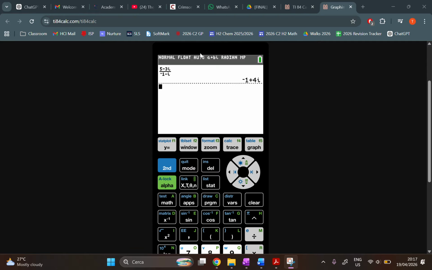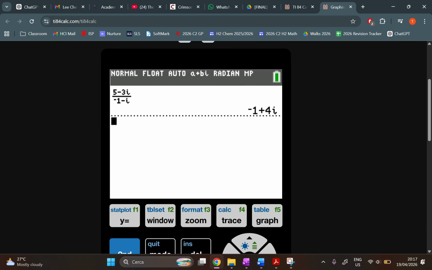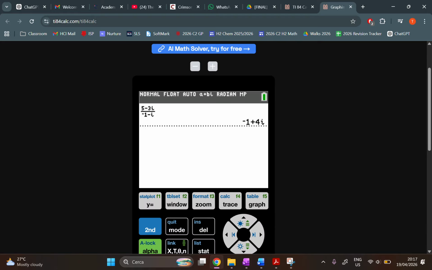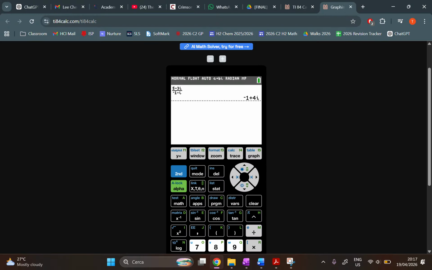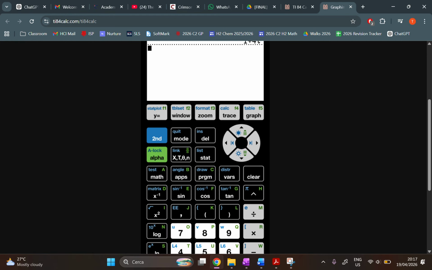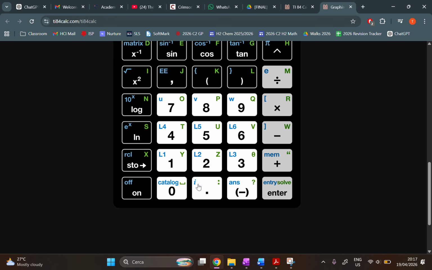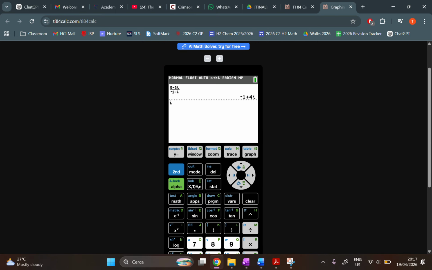And you can see that if I key that into the GC, it will automatically simplify this for me. That is going to get minus 1 plus 4i. So you need to, once again, make sure that you go to mode, make sure that this thing on top says a plus bi. And by the way, how you key in the complex number i in your GC, right? If you just go to second, and then you see on the decimal point here, there's an i. Click on this, and that's how you key in i.